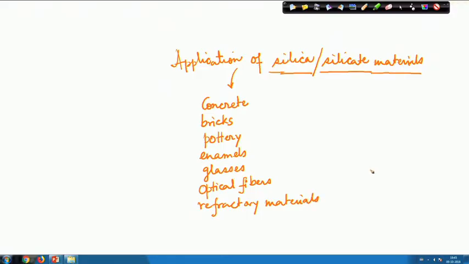So, these are the important industrial aspects related to only silica.